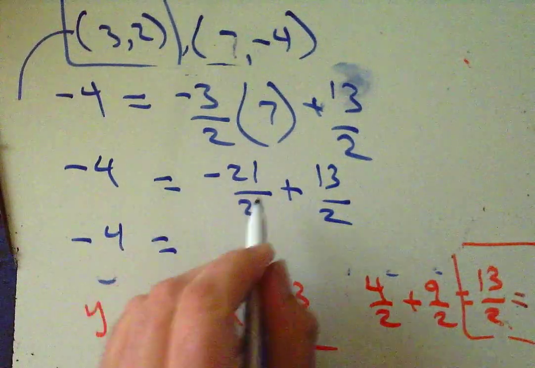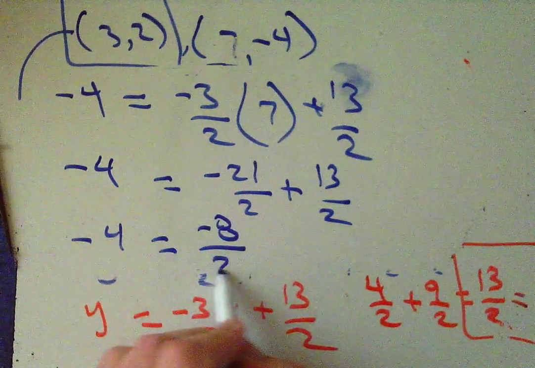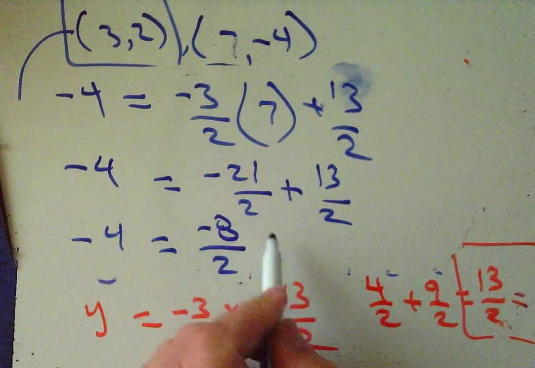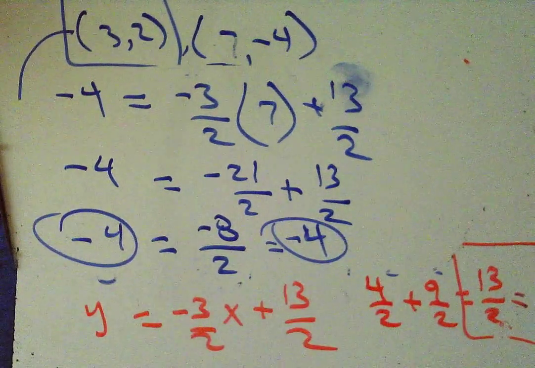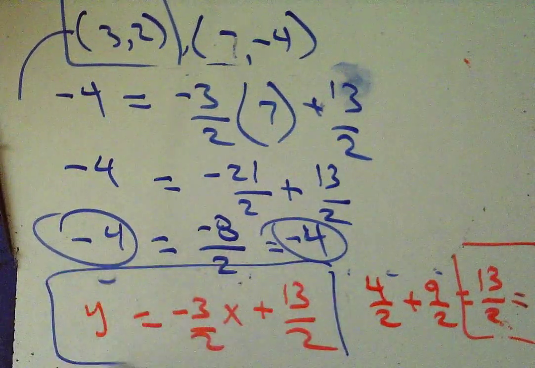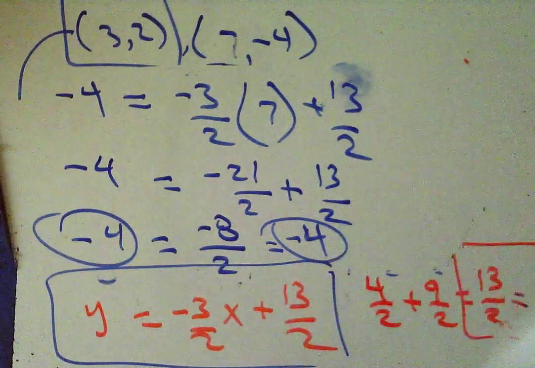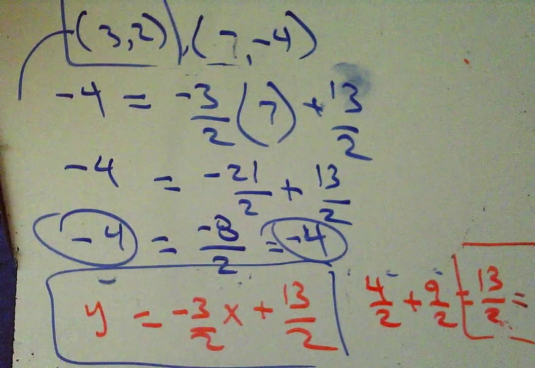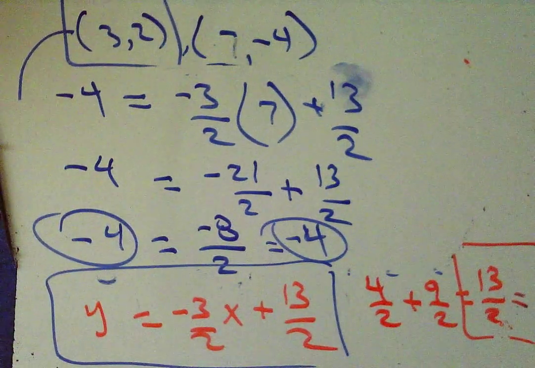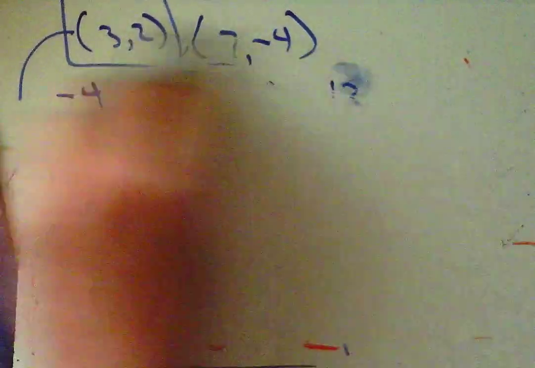Negative 4 equals negative 21 plus 13, which is negative 8 over 2. And negative 8 over 2 is negative 4. So lo and behold, negative 4 equals negative 4. This must be the equation of my line. That's in slope-intercept form. I used slope-intercept form to write the equation of this line, and I'm also displaying the answer in slope-intercept form.